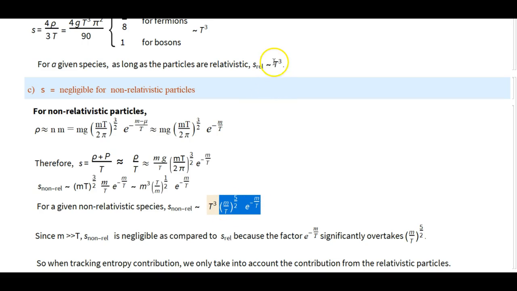Here it is of the order of T cube, and there it is of the order of T cube, and then there is an additional factor.